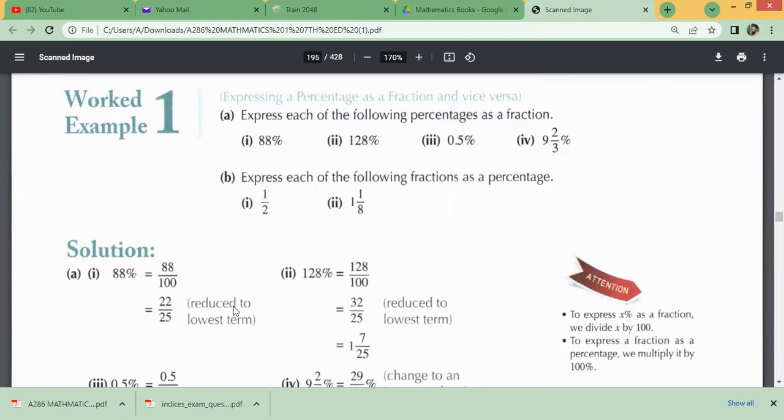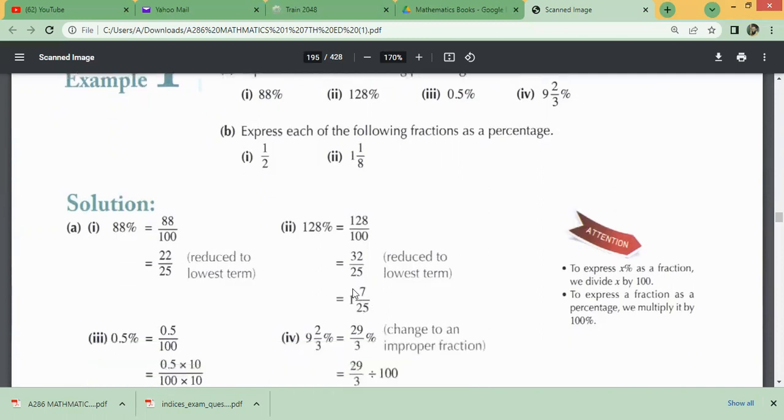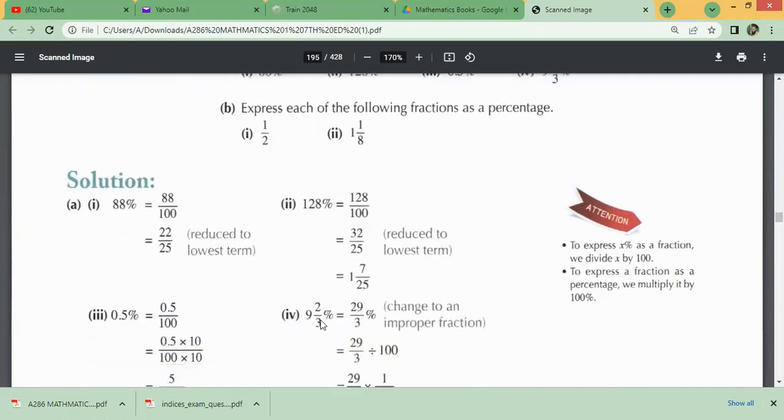In the first part, 22 upon 25, the denominator was bigger, so we cannot write it as a mixed number. But in the second part, it is 32 upon 25, which can be written as one whole 7 upon 25. Similarly, all the other parts are done.